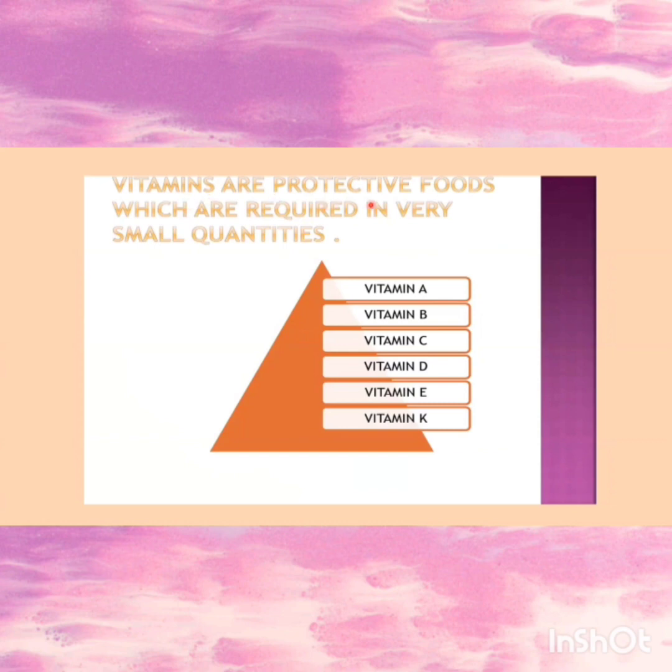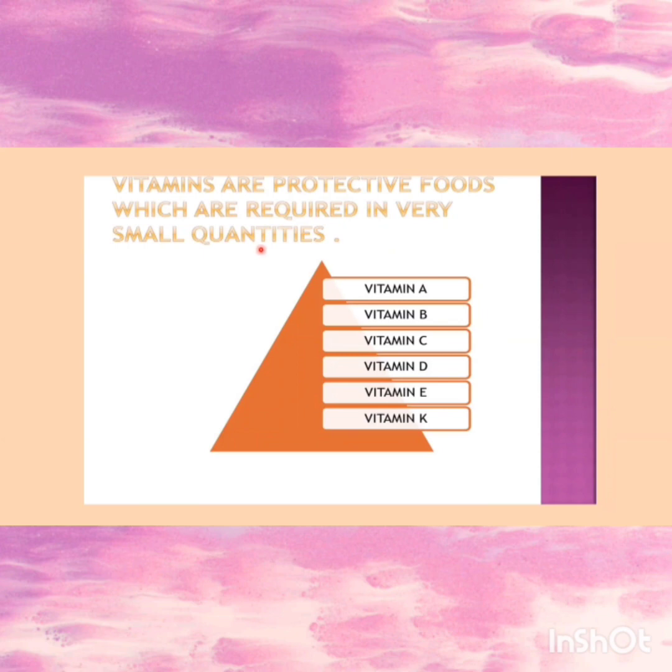Vitamins are protective foods which are required in very small quantity. Children, they do not provide energy to the body, but they play a vital role in many chemical reactions taking place in our body.